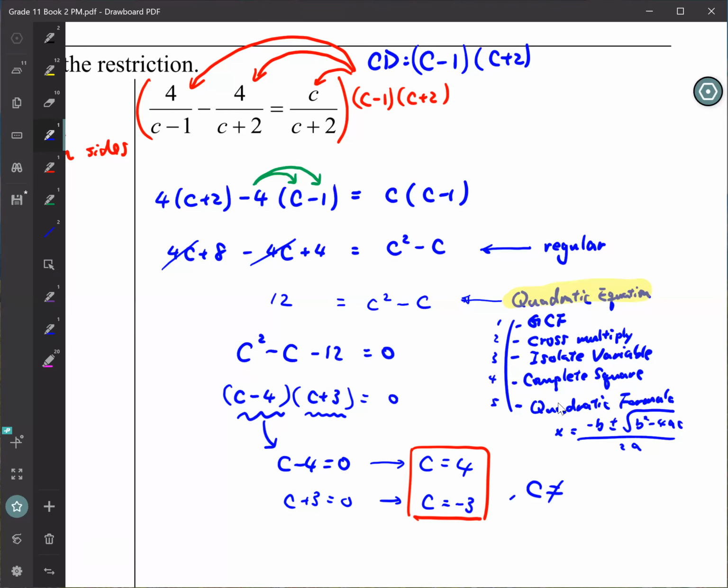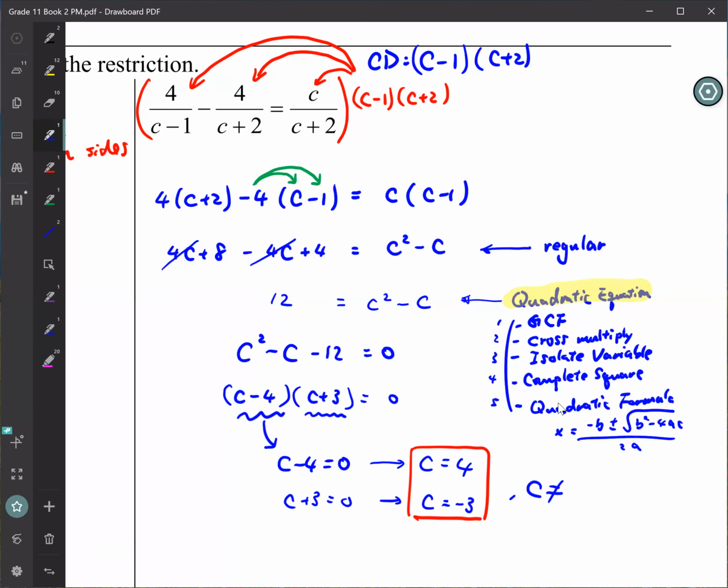Where do you need to look? Not sure. Where do you usually find restriction? In all the homework you've done, where do you look for restrictions? Oh, like the process, when simplifying the equation.